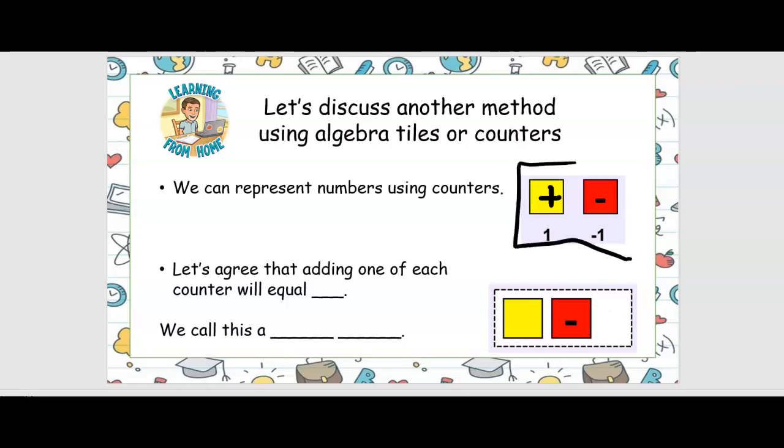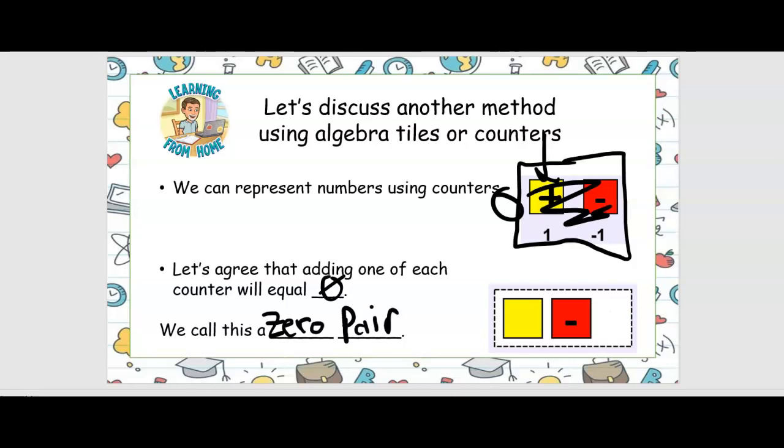It's like you owe somebody $1, somebody gives you $1. Somebody gives you $1, you owe somebody $1. Either way, you end up with 0. So bye-bye. So this will equal 0. We call this a 0 pair. They pair up. When they pair up together, they cancel each other out and become 0.